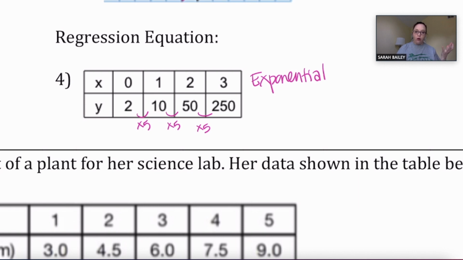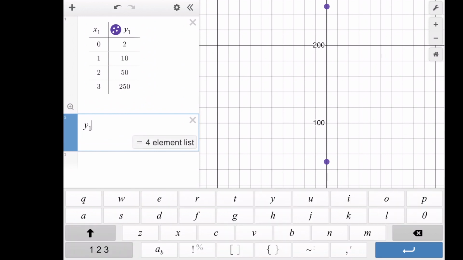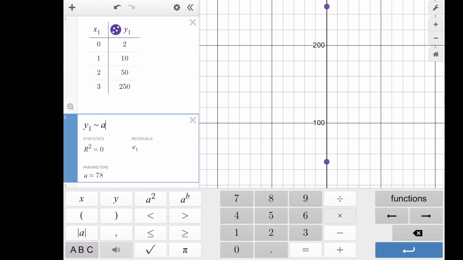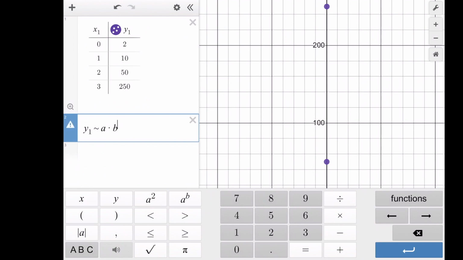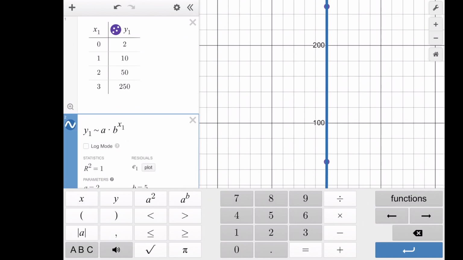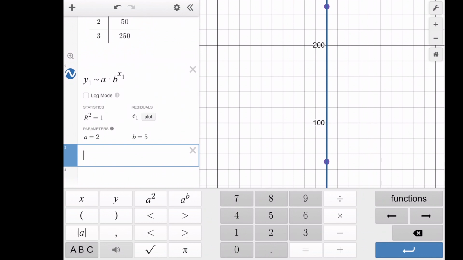On Desmos, remember that to get the exponential regression equation, you're going to do y sub 1, then the squiggly, and then the form is a times b to the x power, and you need to have that x sub 1. It's telling me that a is 2 and b is 5.